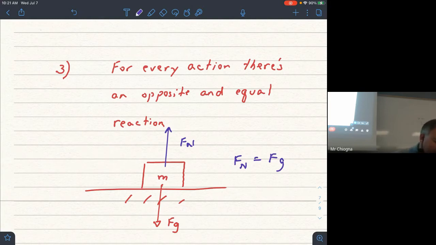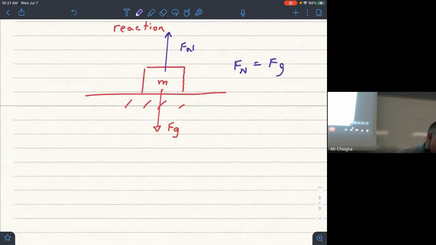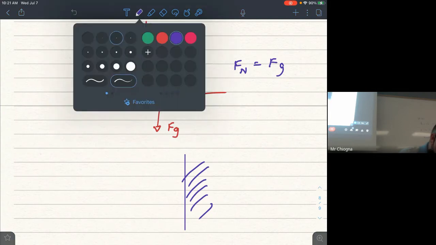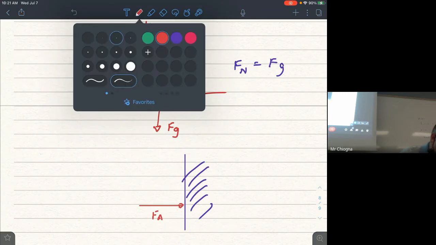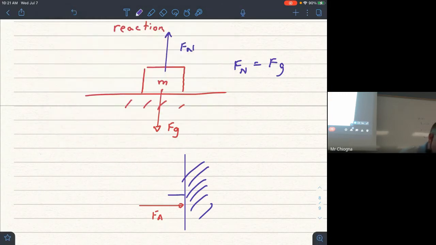You push against the wall with an applied force. That wall is going to react back until a point where it can't anymore, until the applied force is too great.